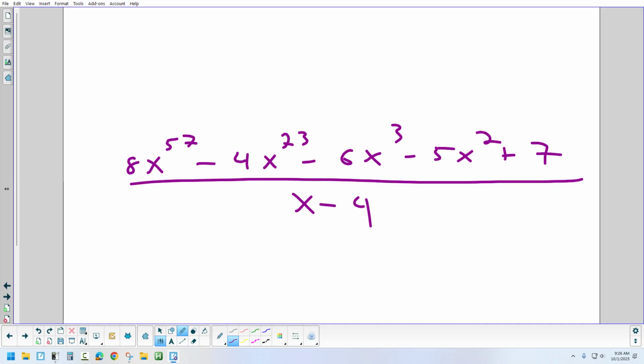So you have to have every single column from the 57th power all the way down to your constant. And there's a lot you're missing. So to do long division to find the remainder, that's just not practical. But to take the number 4 and just fill it in everywhere you have an x, that's easy enough. I mean, you're going to get some big numbers, but you can do that on a calculator.